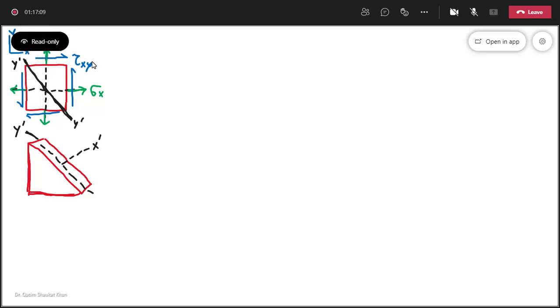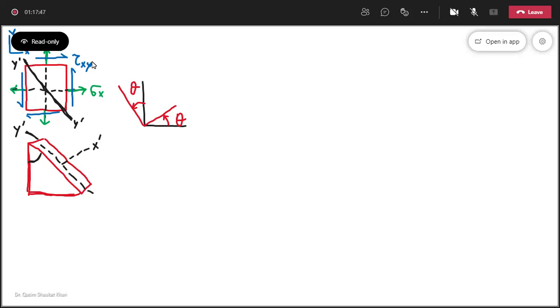This is your theta. Now this theta represents the orientation of this. Basically, if I draw this figure here, this is your theta.